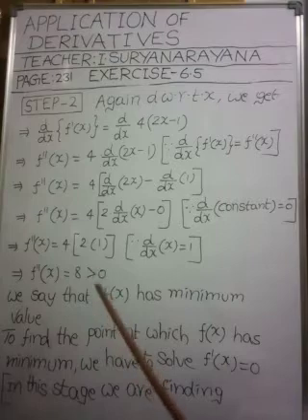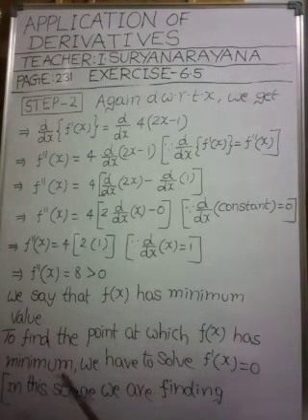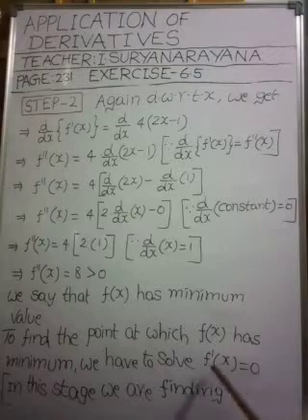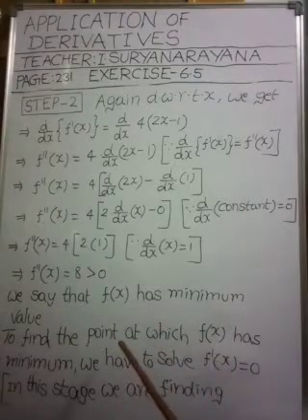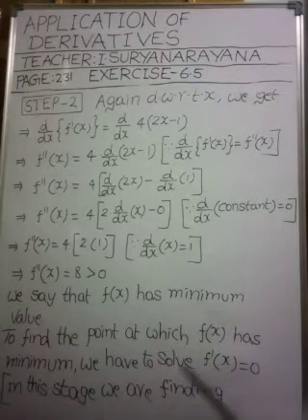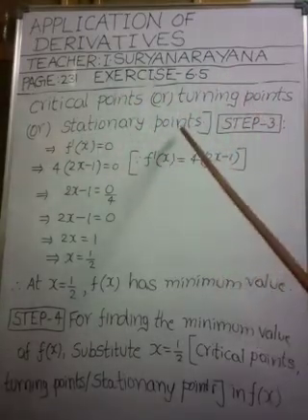To find the point at which f of x has minimum, we have to solve the equation f dash of x is equal to 0. By solving this equation, we can find the points at which f of x has minimum. In this stage, we are finding critical points or turning points or stationary points.